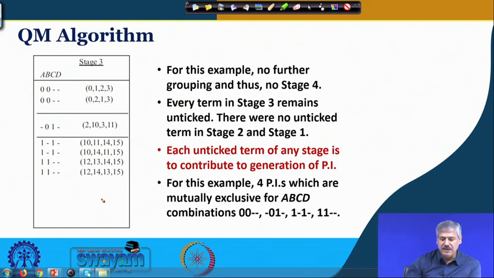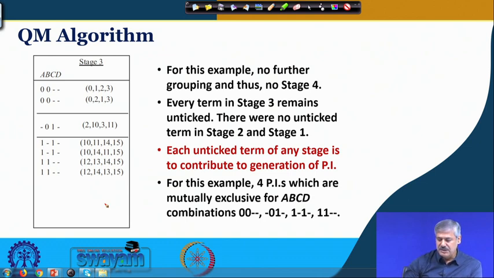Now we understand the significance of the unticked term. Each unticked term is a member that contributes to prime implicant generation. So, each unticked term will generate a prime implicant. Here all this will be coming from this stage, but if in any previous stage there is an unticked term, that has to be brought forward into the final prime implicants that we get out of this exercise.